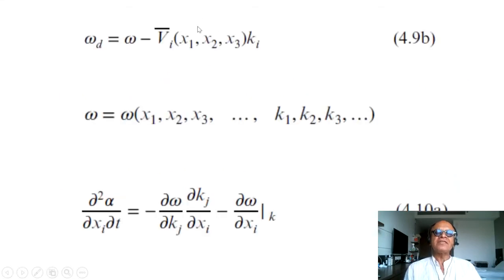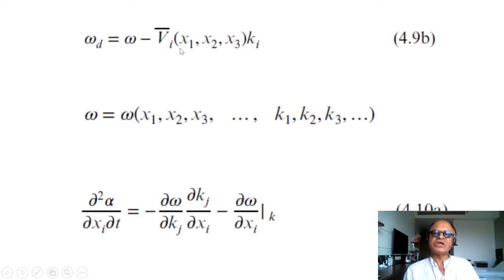Then when there is a background flow with V bar, the frequency gets Doppler shifted. So this is the Doppler shifted frequency of the wave, given as the total wave frequency minus V bar i times ki, the ith wave number.